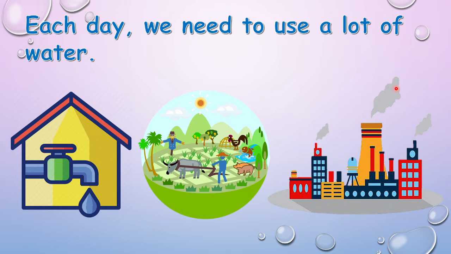Next, how about the use of water in agriculture? We use water for feeding animals. Yes, animals live in water too. What else? For the plants, to water the plants, the vegetables, the trees with fruits, the flowering plants. Right.